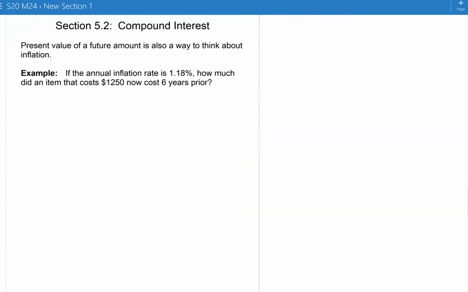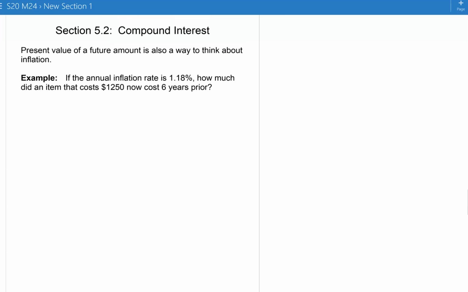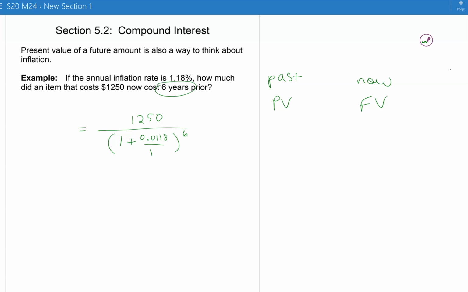So present value is also a useful way to think about inflation. So if you think about the past as the present value and now as the future value, then if we think about an item that costs $1,250 now, I would divide by 1 plus 0.0118, and we assume inflation is annual, and then it would be 6 years.